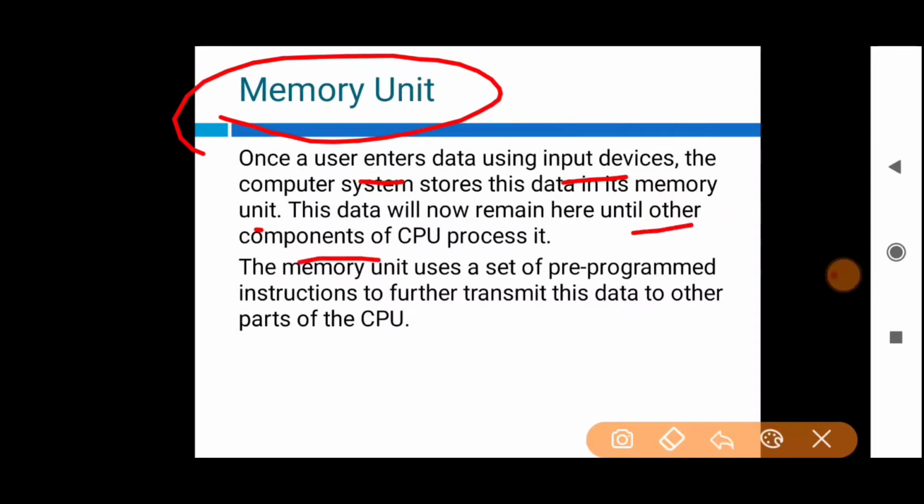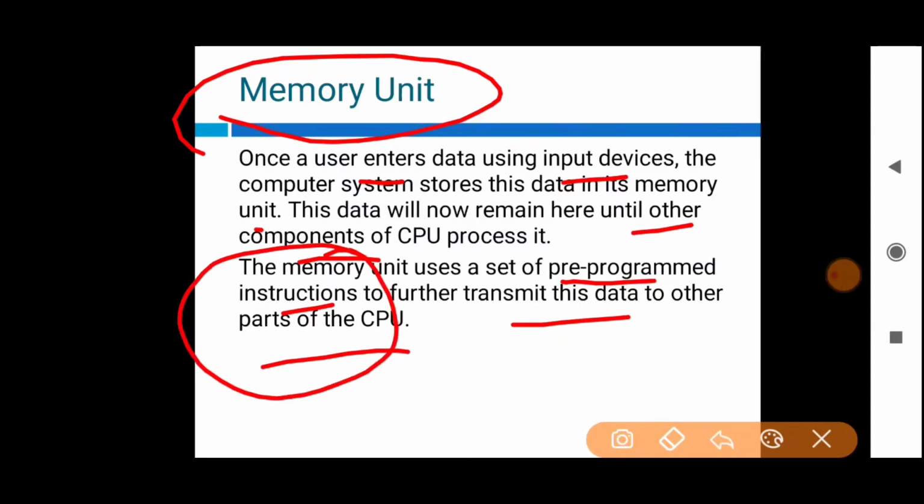And this memory unit uses pre-programmed instructions to further transmit the data to the other parts of the CPU. Because sometimes, suppose you have typed in the 10 marks of the students, and you want to find the sum of it, then you have to store those 10 marks somewhere. So this memory unit is used for storing those 10 marks along with the function.